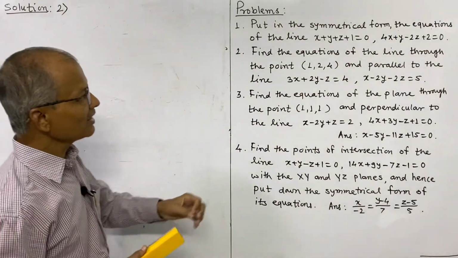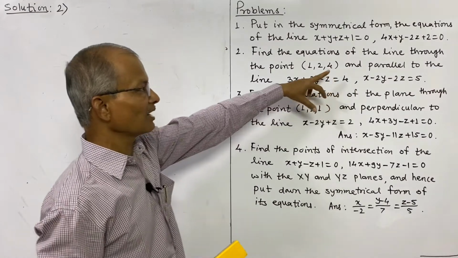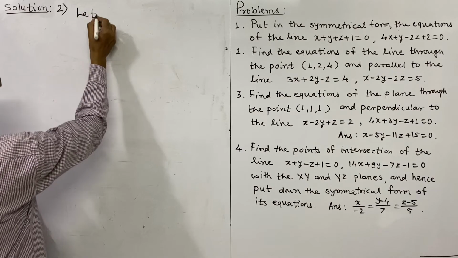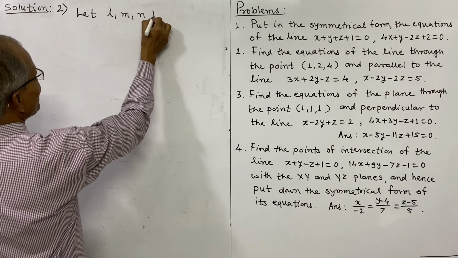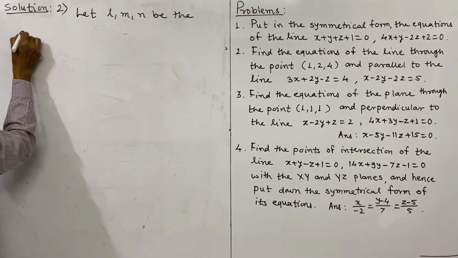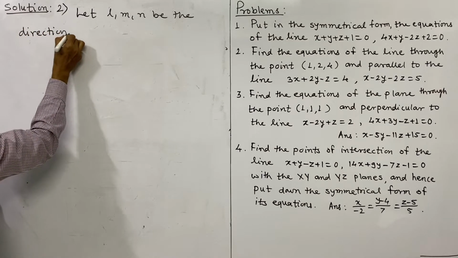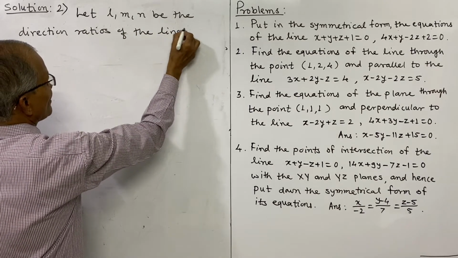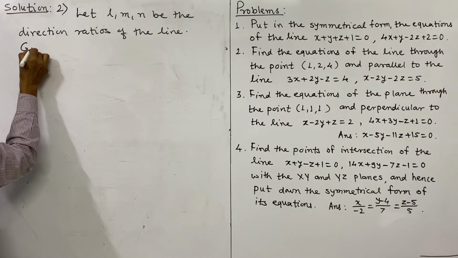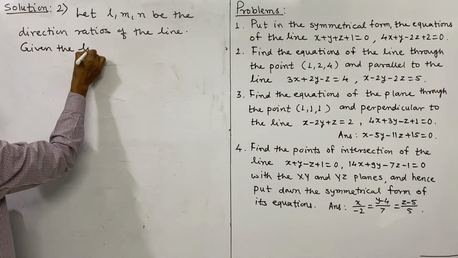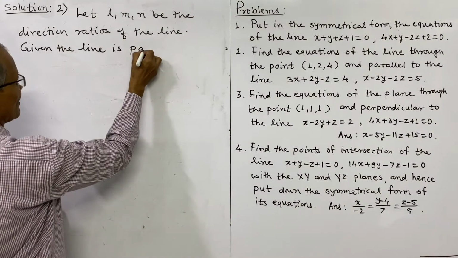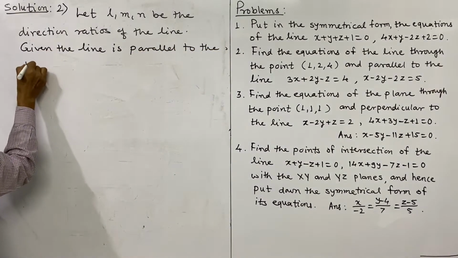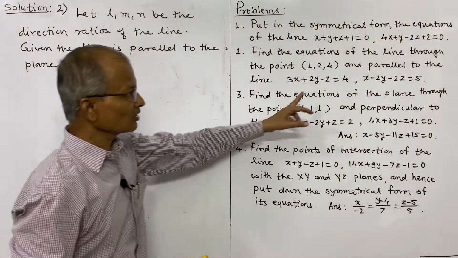Only we need the DRs of the line, and then that gives the solution for the second. The line is parallel to the intersection of the planes. Let L, M, N be the direction ratios of the line.